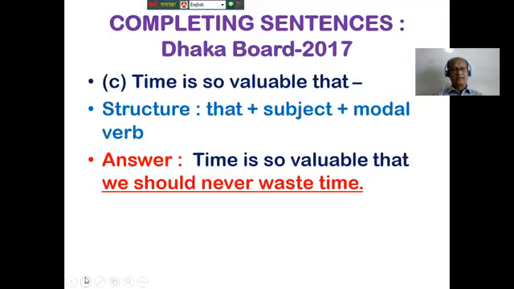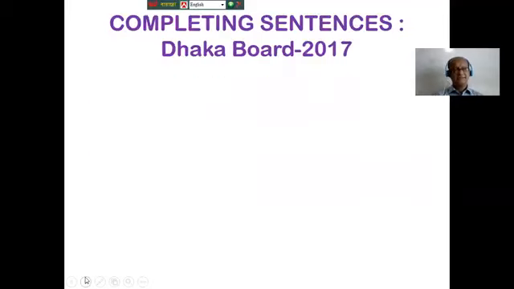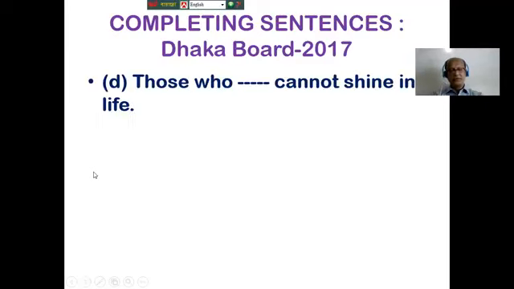Okay, what about sentence number D? Those who dash cannot shine in life. So the part with who to be completed indicates an adjective clause which describes the person, those.